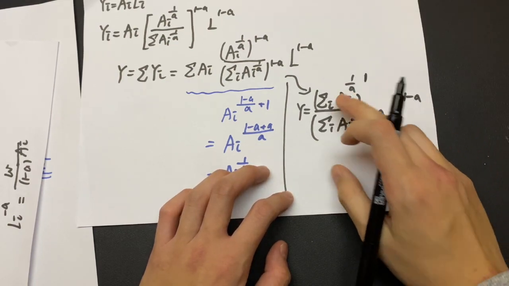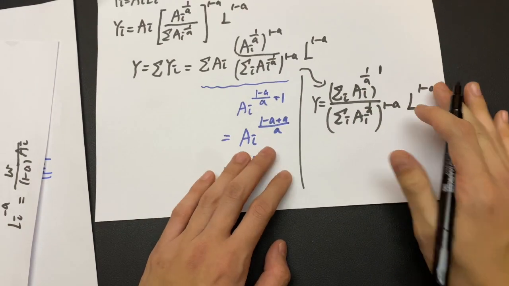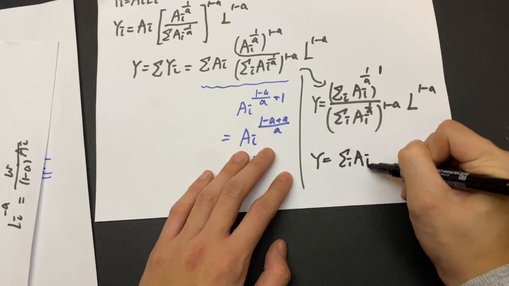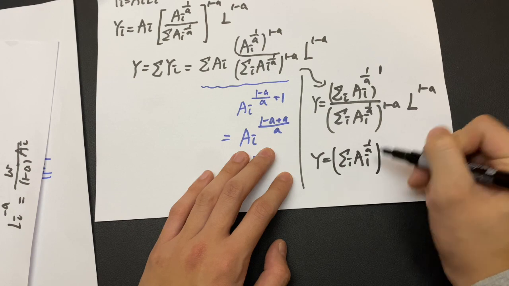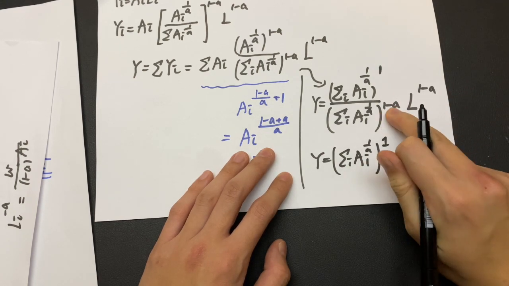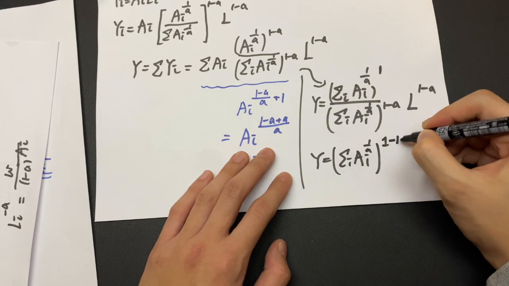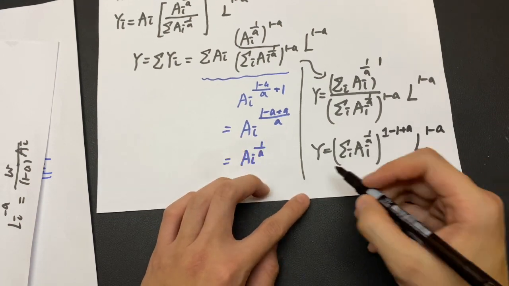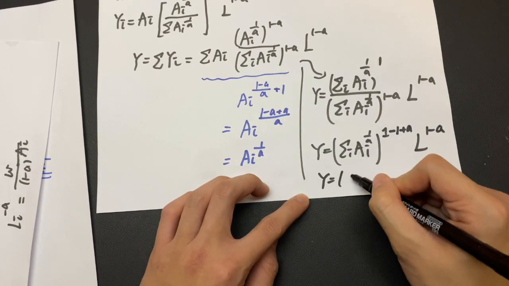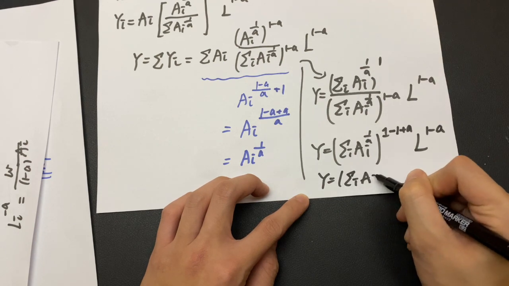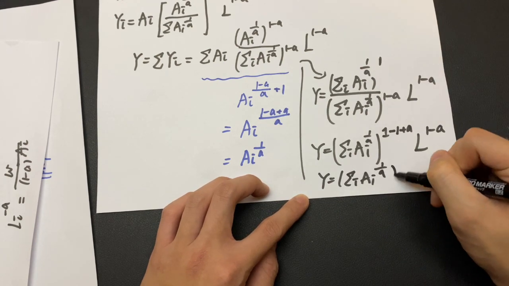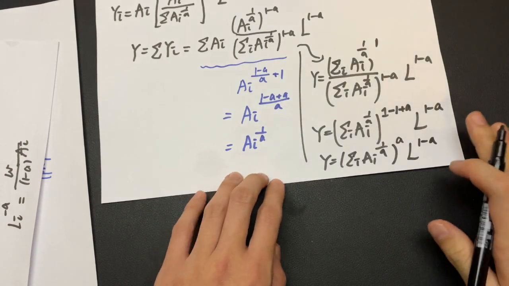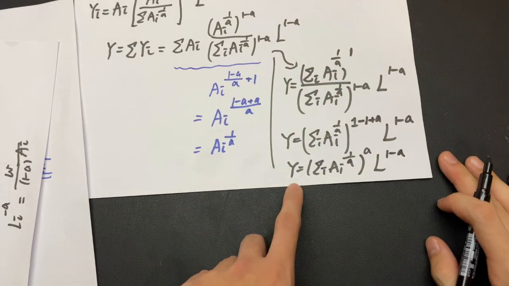By the division rule, what we get is this: the summation of Ai to the power 1 over alpha. So this is what we get at last.